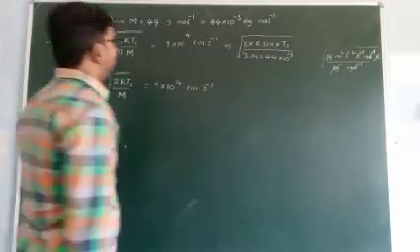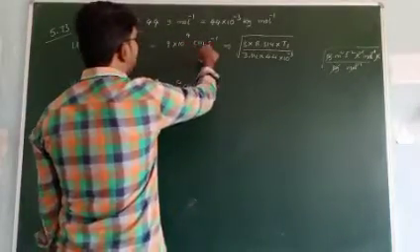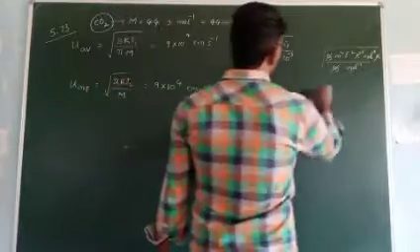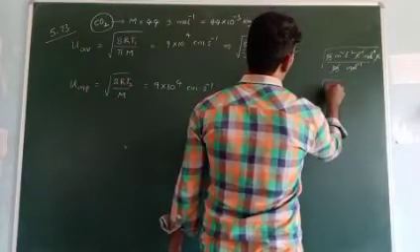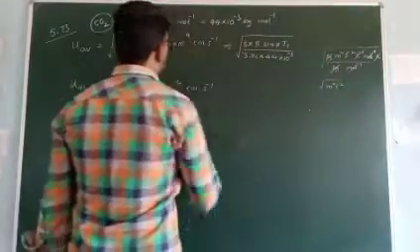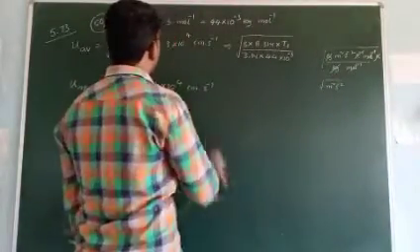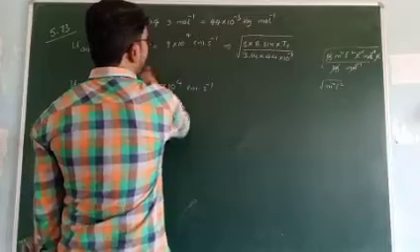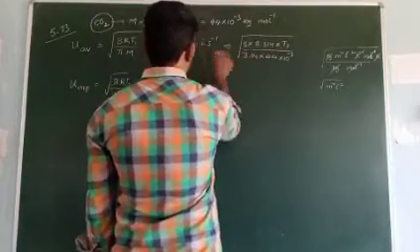Outside, centimeter per second is present. Inside the square root, meter square second power minus 2 is present. So 1 centimeter is equal to how many meters? These two values are equal.